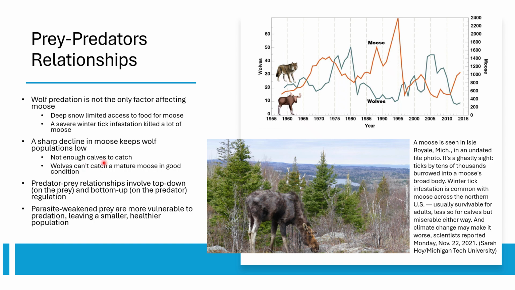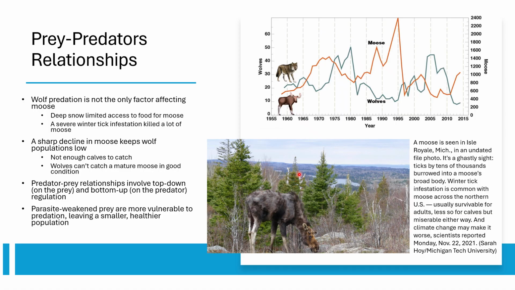And the calves are the preferred moose prey for the wolf. So if the wolf cannot capture enough calves, this also impacts the population of wolves. So the tick indirectly also impacts the population of wolf.